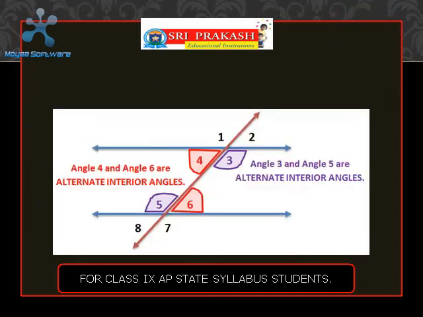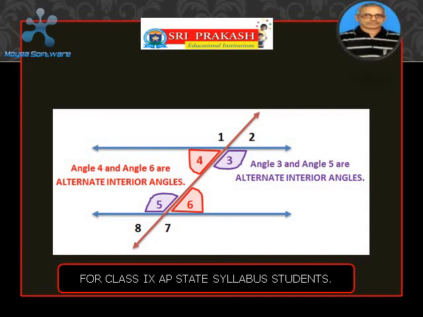So now let us try to identify alternate interior angles. Here some angles are given. Red colored 4 and 6, purple colored 3 and 5.